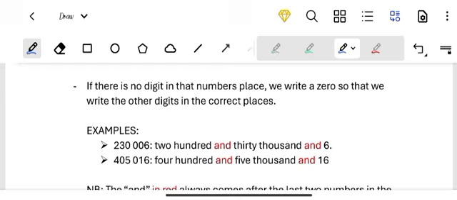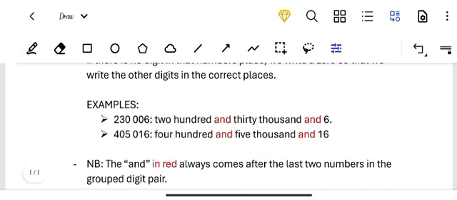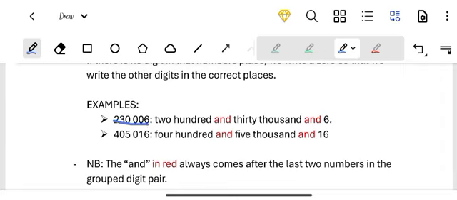Another thing is, if there is no digit at all in that place value, we write a 0 so that we don't write other digit values in wrong places, so that we can write the other values in correct places. An example here was provided through the use of the number 230006.